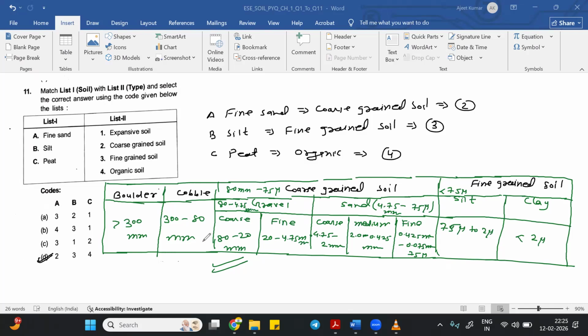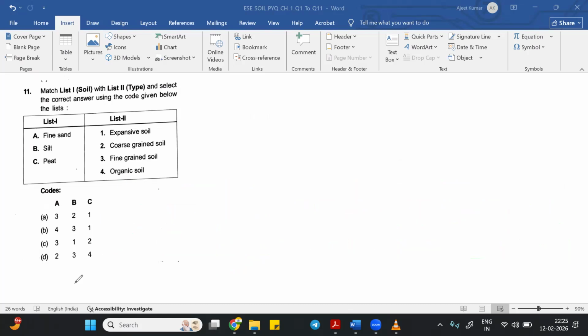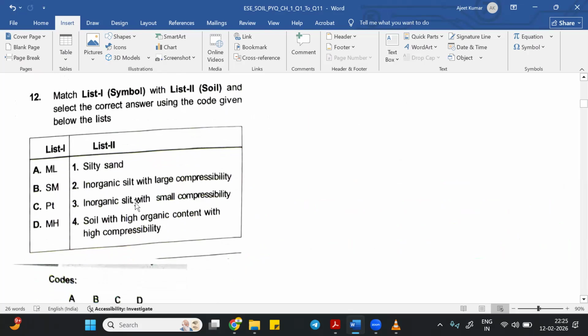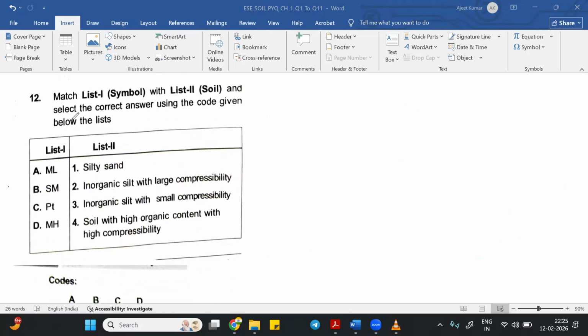Okay. Now question number 12. Let me clear all this. Question number 12: match list 1 symbol with list 2 soil and select the correct answer using the code given below the list. So ML is silt with low plasticity, inorganic silt with small compressibility, so A is 3.